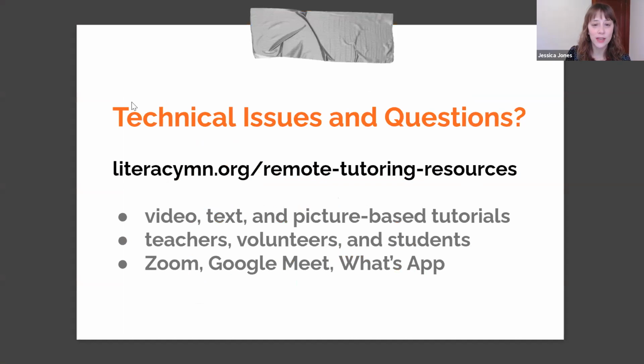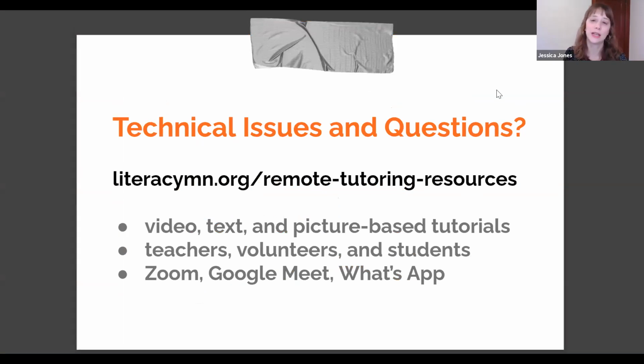I will just say one thing that we are not going to do today: we're not really going to get into the nitty-gritty of the technical stuff about using different platforms. But if you have questions about that, if you're new to any of these platforms or not sure how to do things like breakout groups, I really encourage you to visit Literacy Minnesota's website of remote tutoring resources.